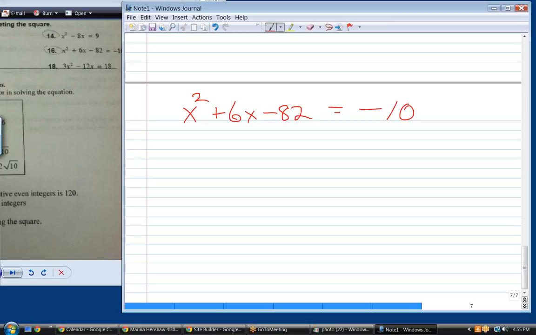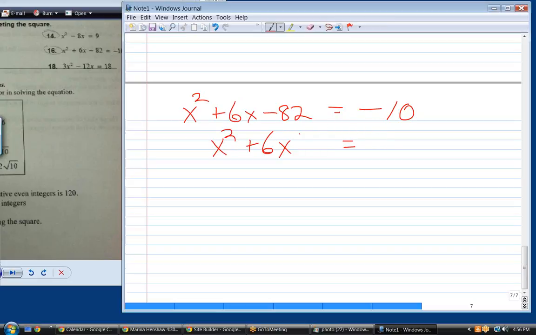Okay, work me through every line here. Plus 82. Okay, so what's the next line going to be? X squared plus 6x... Hold on.